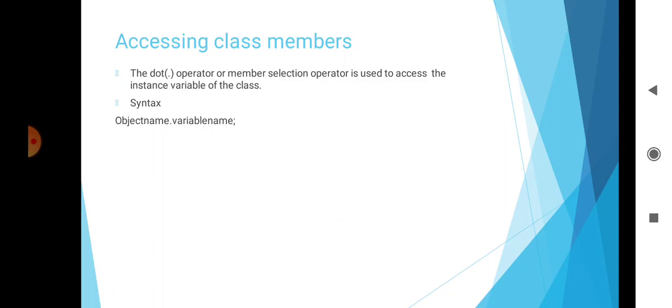We cannot access the instance variable outside of the class without referring to the object. Here object name is the name of the object and variable name is the name of the instance variable. Suppose we take one example: employee dot id is equal to, suppose, 11, and employee dot salary is equal to 30,000. These are instance variable accesses.